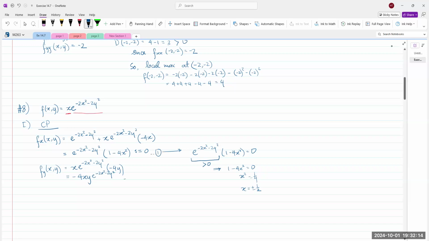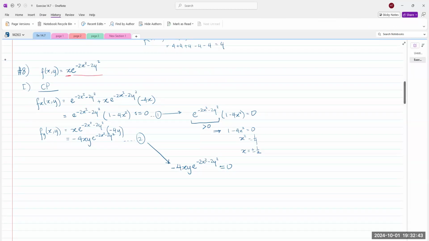From the second equation, when we set negative 4xy e to the negative 2x squared minus 2y squared equal to 0, notice that either x equals 0 or y equals 0, but the exponential is always positive.